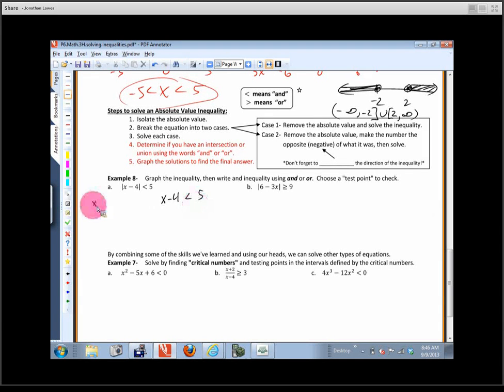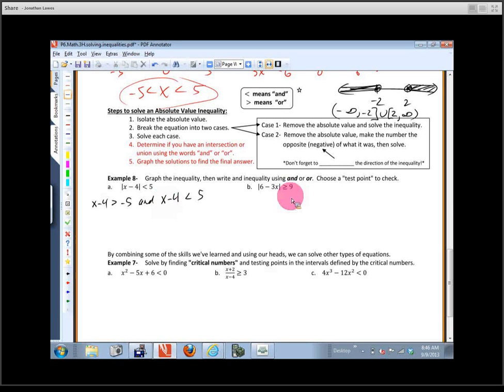One of them is what you get, and I would prefer that you write them in this order. Write the one with the negative over on the left-hand side and write the one with the positive on the right-hand side. When we put a negative in there, what else do we have to put in there? Or what else do we have to do to kind of compensate for that? Switch the direction. So this is going to change to a greater than. And if it's a less than, it's an and.